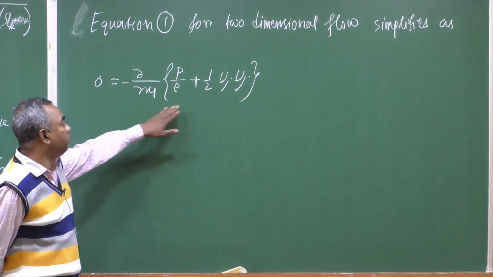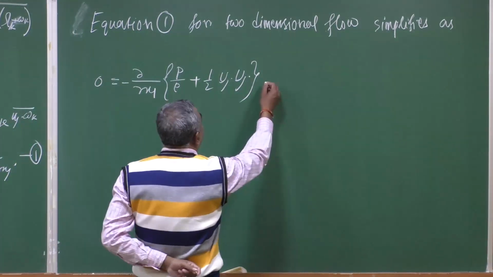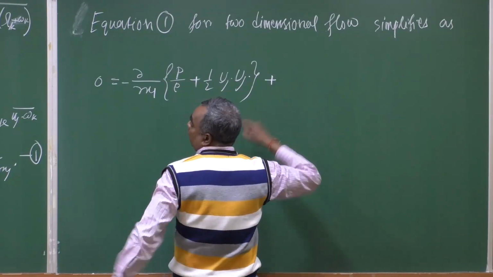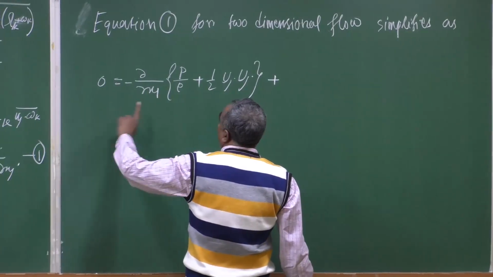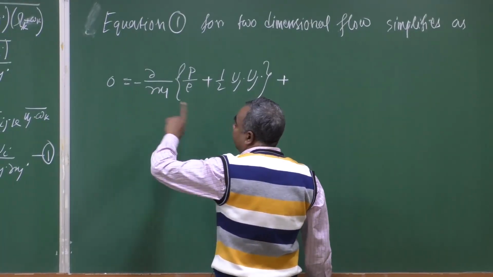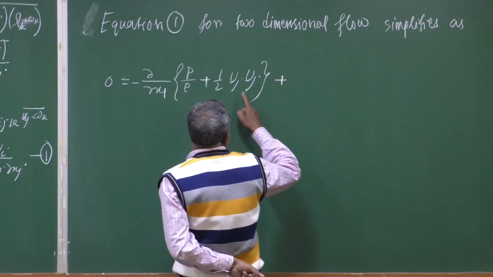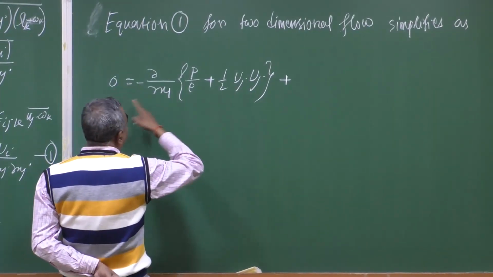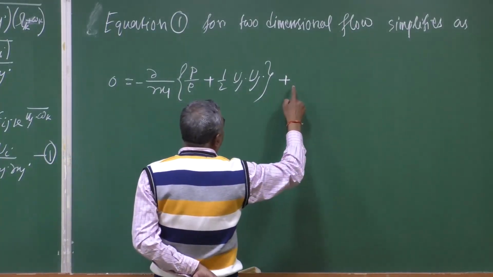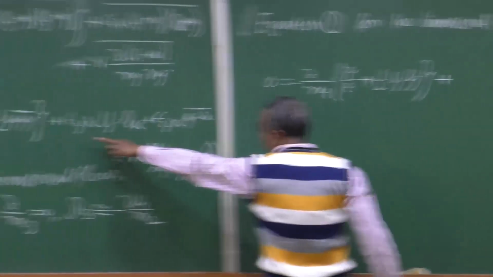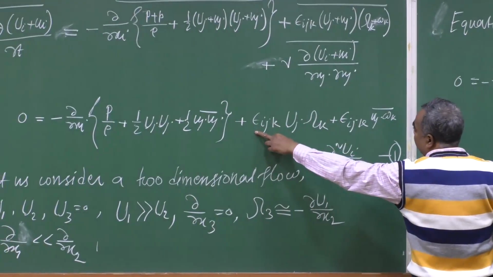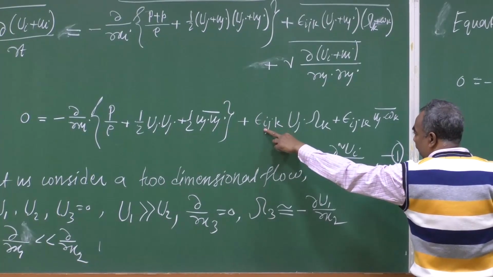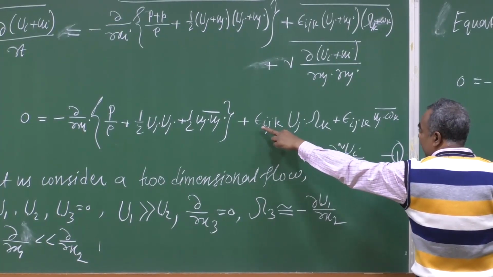With this consideration we can write this plus, okay, plus if you see that we are writing this equation for I is equal to 1, for I is equal to 1 this equation then becomes, you see here, epsilon I 2 3 and epsilon I 3 2, I remains 1.